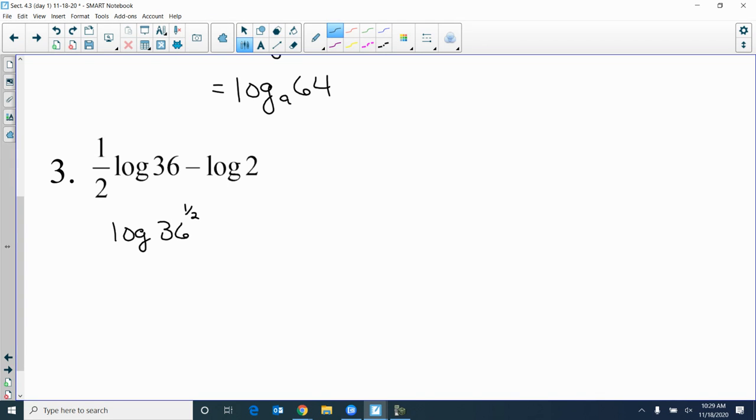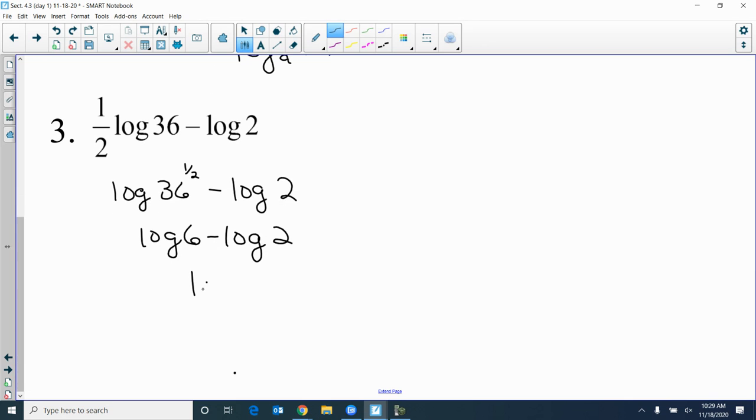If you've got a constant out in front, you can put it as a power. Minus log of 2. Well, that's just 36 to the 1/2 power. That's the square root of 36, which is just 6. So it's log of 6 minus log of 2. What's that going to equal? Log of 3, because you take 6 divided by 2, log of 3.